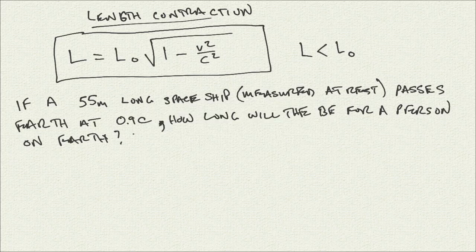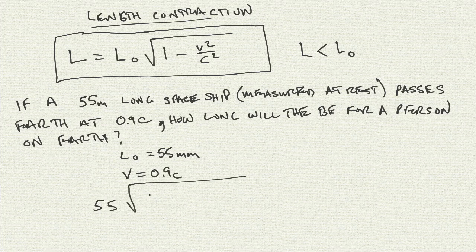Okay, so when we solve this problem, what we get is L naught is 55 meters, and we know that V is equal to 0.9 c. So when we plug these values in to the equation above, it's very straightforward.